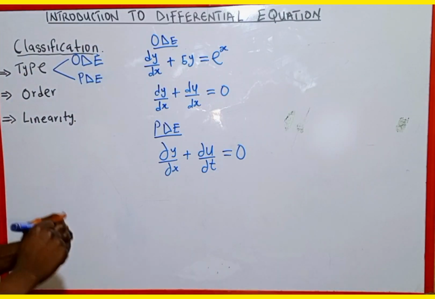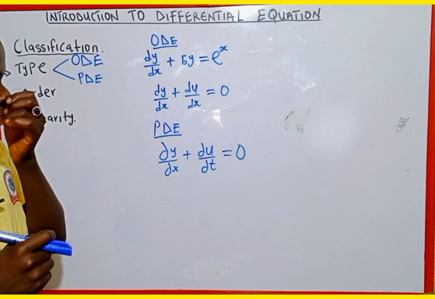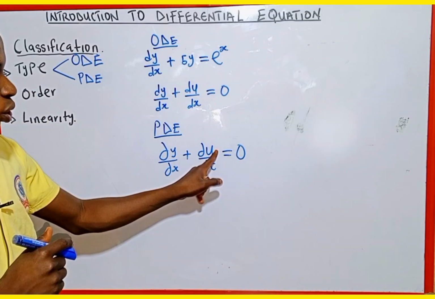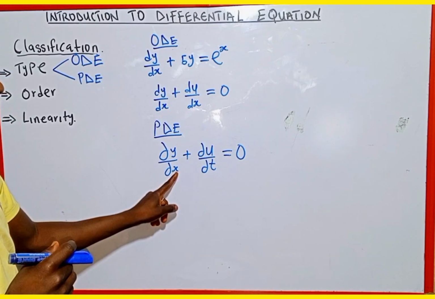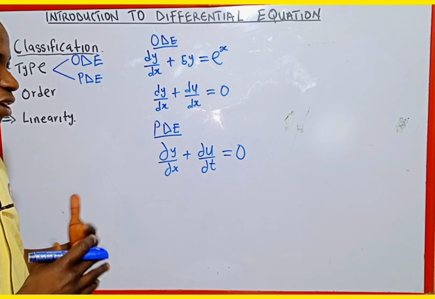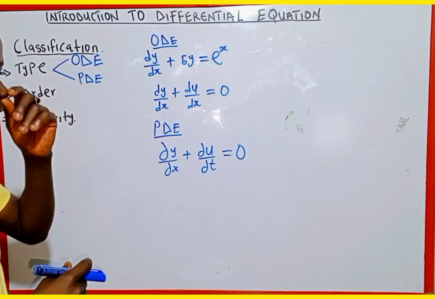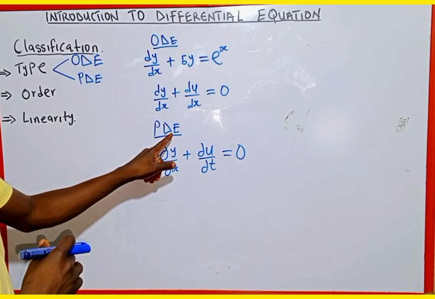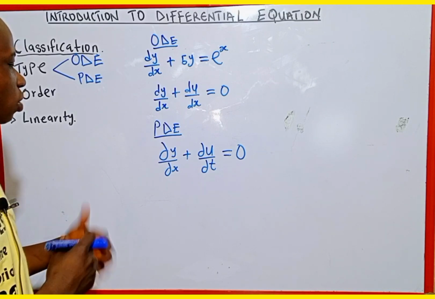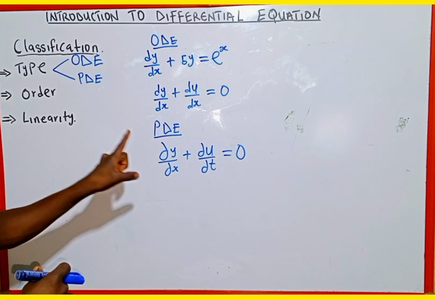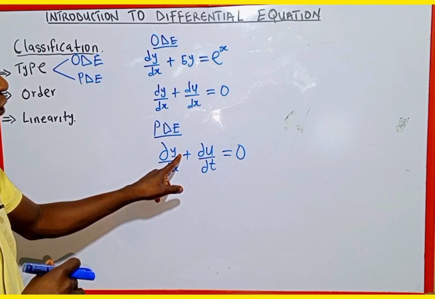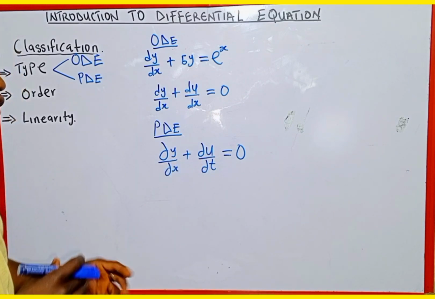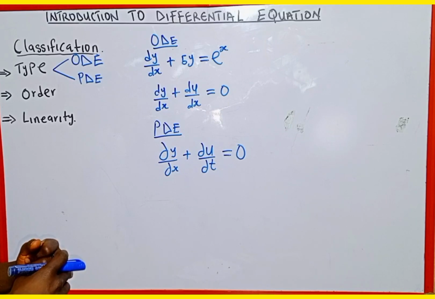If you look at this differential equation, the dependent variables here are y and u, and the independent variables are x and t. From the definition, a partial differential equation is an equation that contains partial derivatives of one or more dependent variables with respect to two or more independent variables.